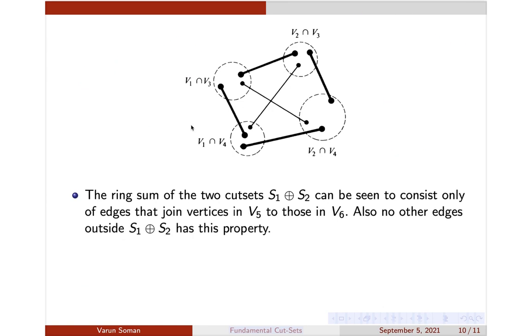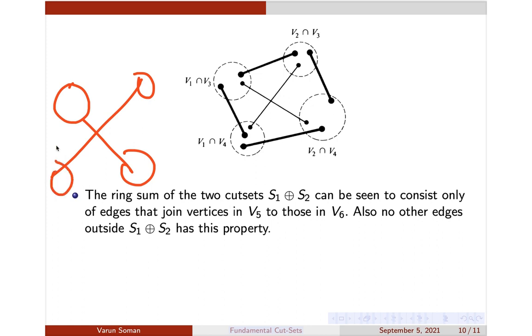So how did that happen? Suppose your V5 is this, your V6 is this. This was my S1 ring sum S2, and again some edges may create some disconnection here. So what is the meaning of that?